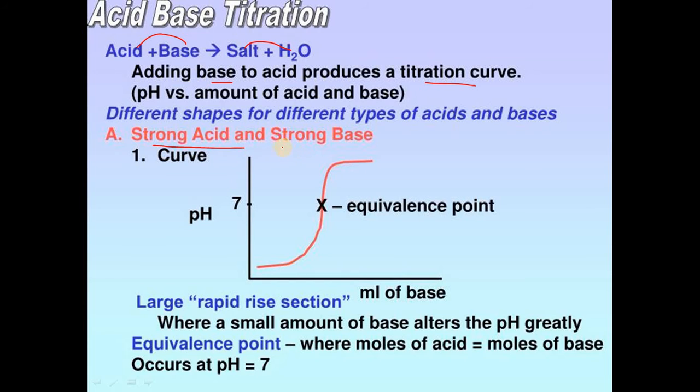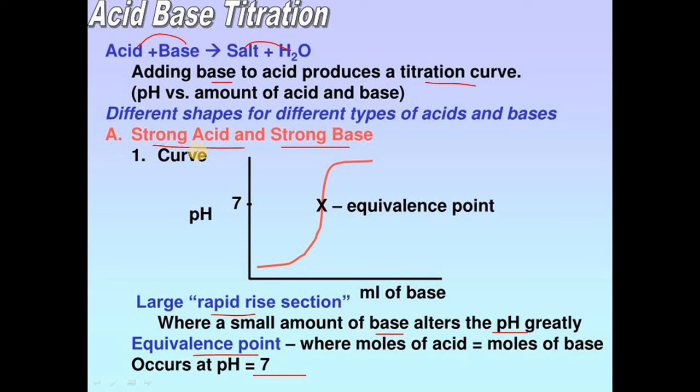When a strong acid reacts with a strong base, we get this neutralization curve. A large rapid rise occurs where a small amount of base alters the pH greatly. The equivalence point, where moles of acid equal moles of base, occurs at a pH near 7.